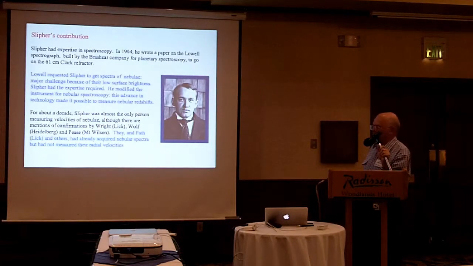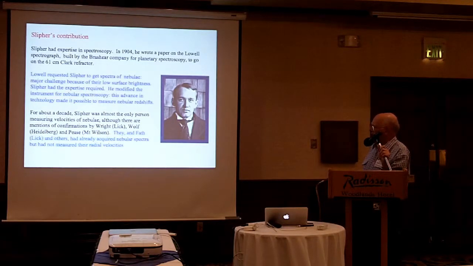He modified the instrument for nebula spectroscopy, and you probably saw last night the modifications of the spectrograph that he used to do this. This advanced the technology, made it possible to measure nebula redshifts, although, as Laird mentioned in question time earlier, he wasn't really the first person to get into nebula spectroscopy.